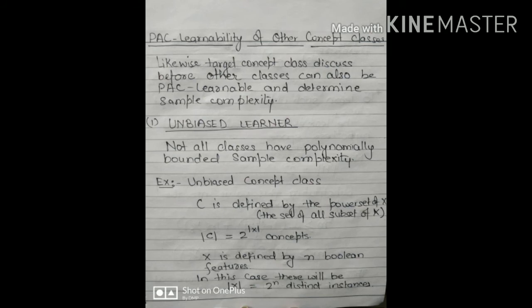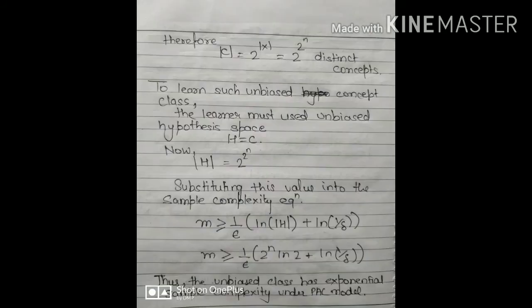X is defined by n Boolean features, so we can define |X| as 2 to the power n distinct instances. Therefore C is 2 to the power |X|, and we can replace |X| by 2 to the power n, so C represents 2 to the power 2^n distinct concepts.